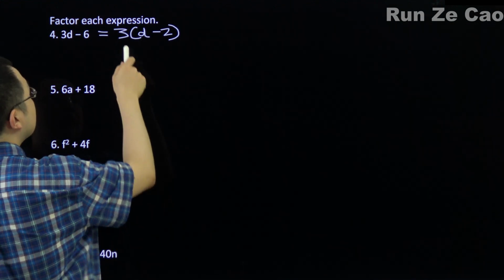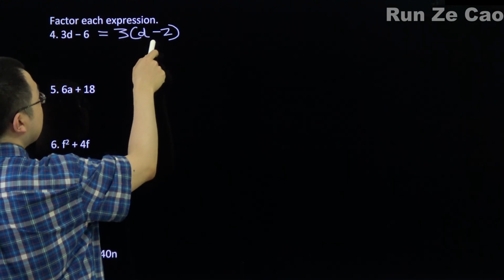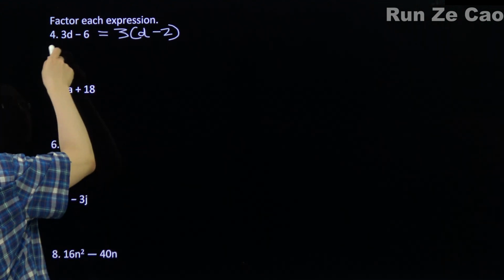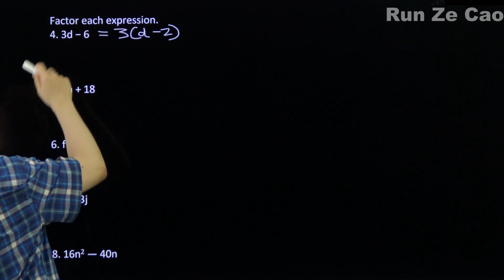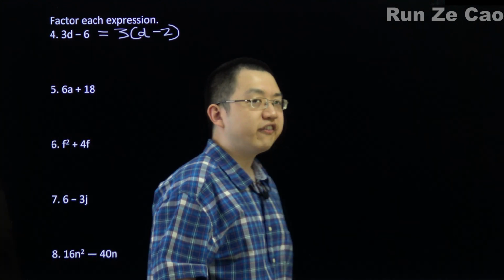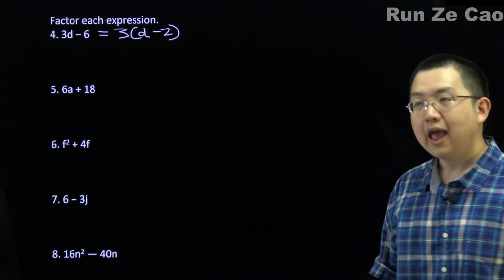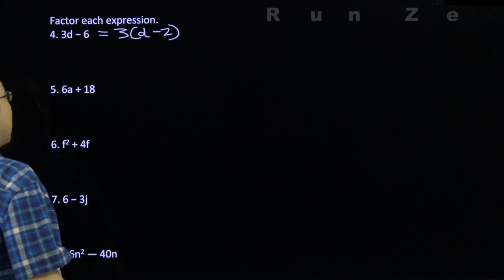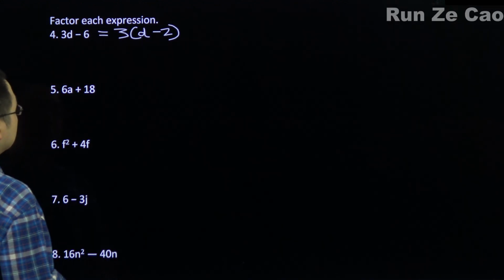So 3d, and then 3 and negative 2, so minus 6, right? So we go in reverse, and we factor out a 3, because that's the greatest common factor between 3d and negative 6. There's no bigger number that divides both of these.